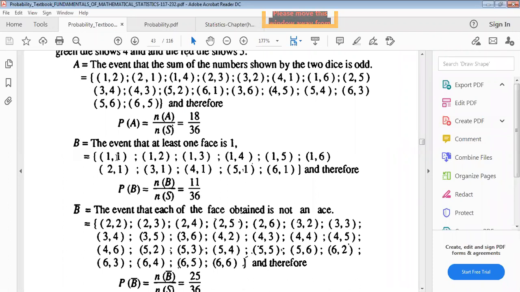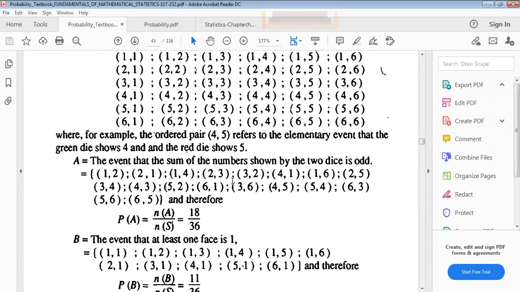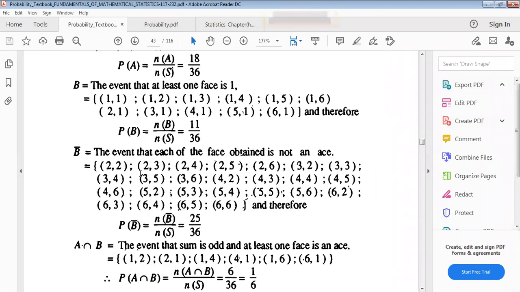After removing these sample points from the whole sample space, we get another 25, which will be B not happening. The event that no face obtained is a 1 will be these 25 sample points. So the probability of this will be favorable 25 divided by 36 total.